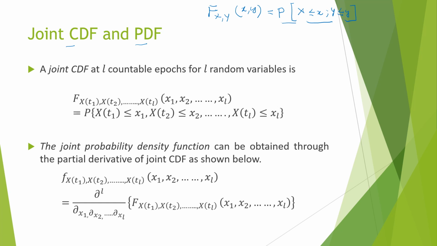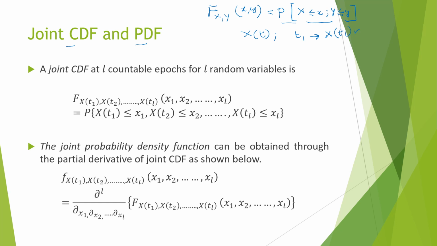Now we come back to random process. In the random process, depending upon the time epochs, we have different random variables. Suppose at time t1, we have the random variable X(t1). We will consider the random process X(t). So at time t1, we have random variable X(t1).